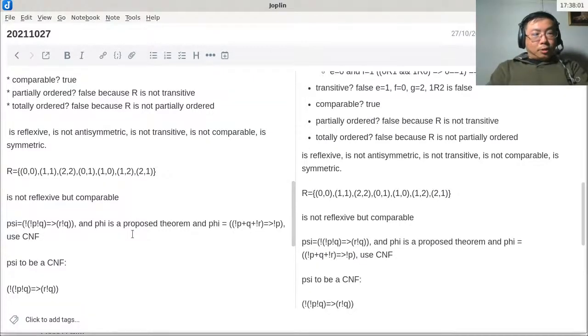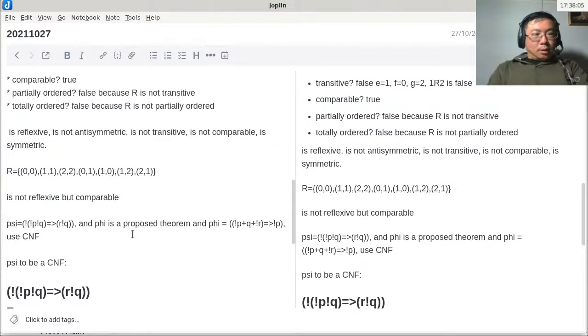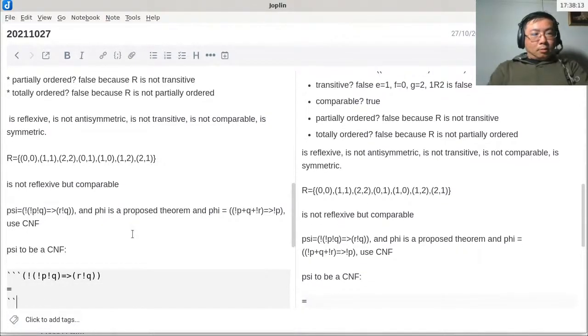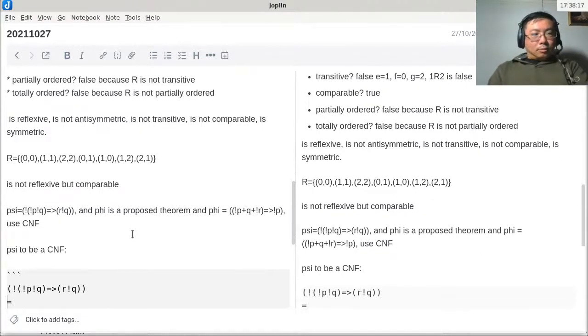The first thing I usually do is to get rid of the implication. Markdown is doing its thing, so I am going to put everything into a pre-formatted code block here.